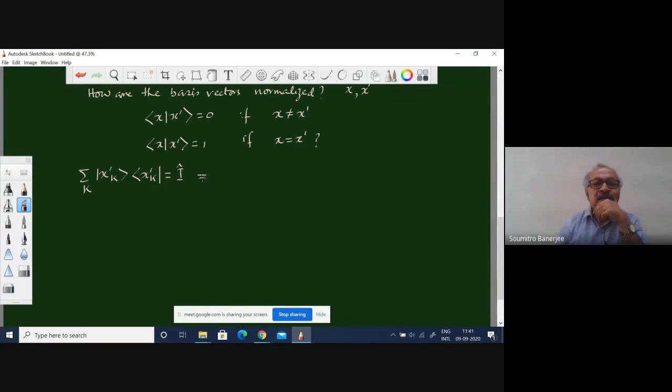This implies that if you sum over all the values of k, in the limit, it will become the integral from a to b of |x'><x'| dx', which should be equal to the identity.